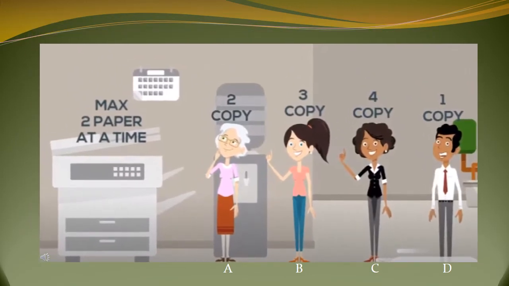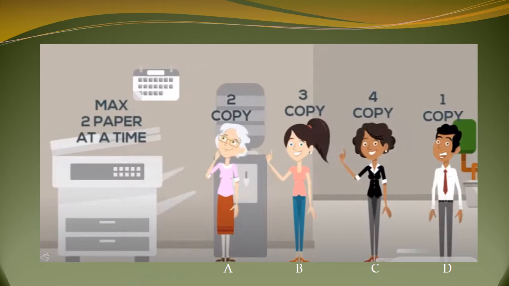Let us understand through a real scenario. Suppose in a Xerox center there were four customers: customer A, customer B, customer C, and customer D. A wanted two copies of Xerox, B wanted three copies, C wanted four copies, and D wanted one copy.